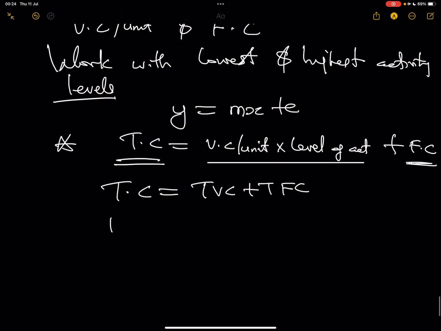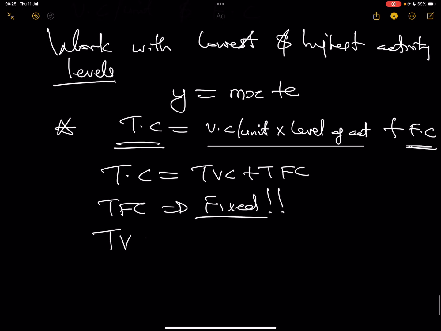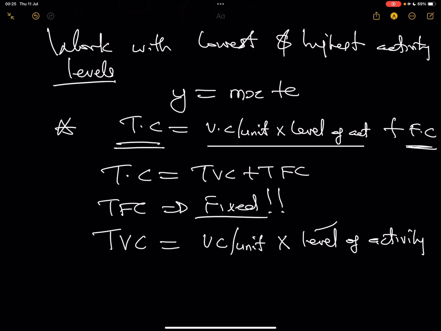And you know that total fixed cost is fixed. It does not change. However, the total variable cost equals variable cost per unit multiplied by level of activity, which is what I've put here.